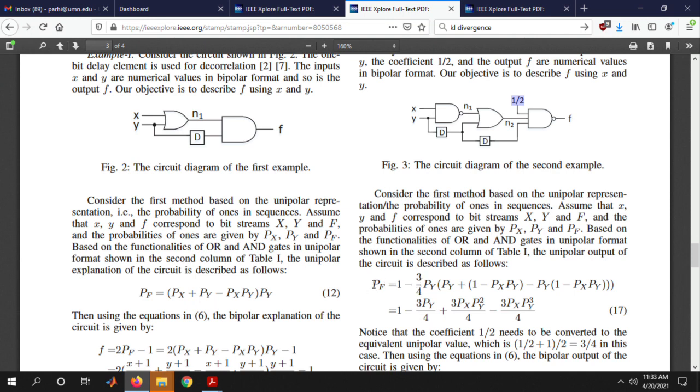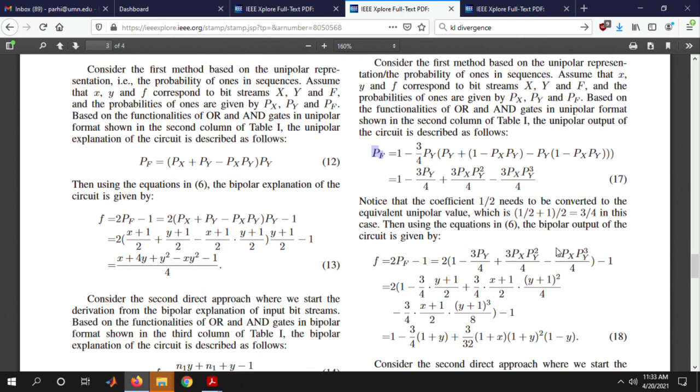I'm now computing everything in unipolar, so we have to convert x, y and half to unipolar. So that's times 3/4, and 1 minus that because of the NAND gate. That whole thing is the result in unipolar. Note that the coefficient half needs to be converted to unipolar. If you didn't do that, that's going to be a mistake.